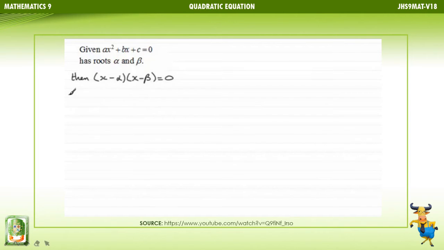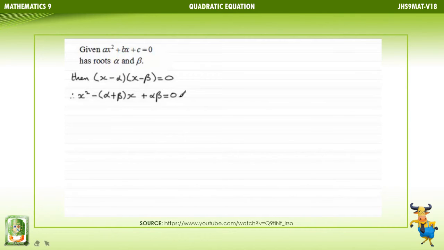Now if we expand this, we end up with x squared, and then for the x terms, if we factorize at the same time, we're going to get minus x alpha and minus x beta. So if I just put alpha plus beta there in brackets times x, that gives us our x term. And then we've got minus alpha times minus beta, which is going to give us plus alpha beta, and this will equal 0.